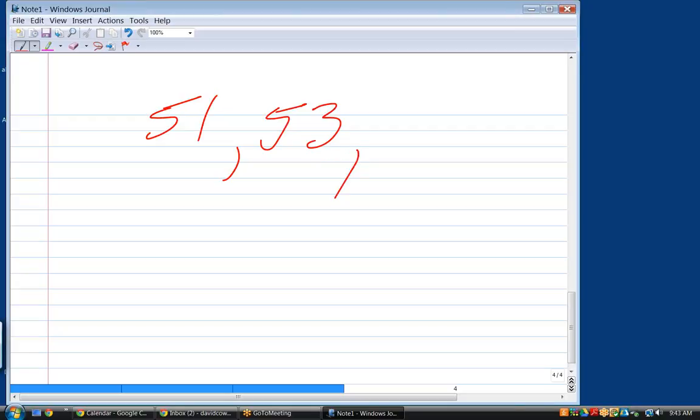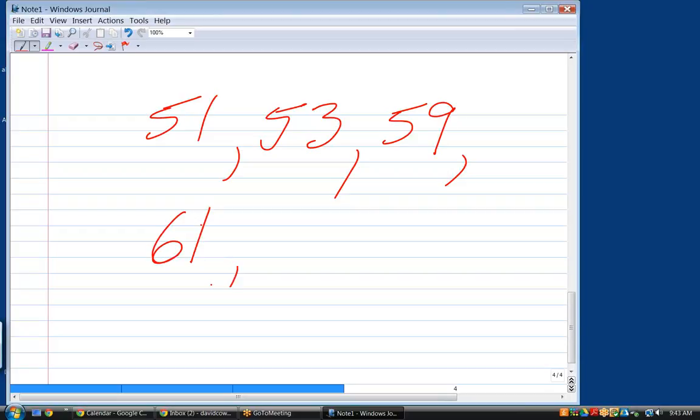57. 57 adds to what? What's 5 and 7 add to? 13. And 12. 12, and 12 is divisible by 3, so 57 must be divisible by 3. 59. That's prime. 61.